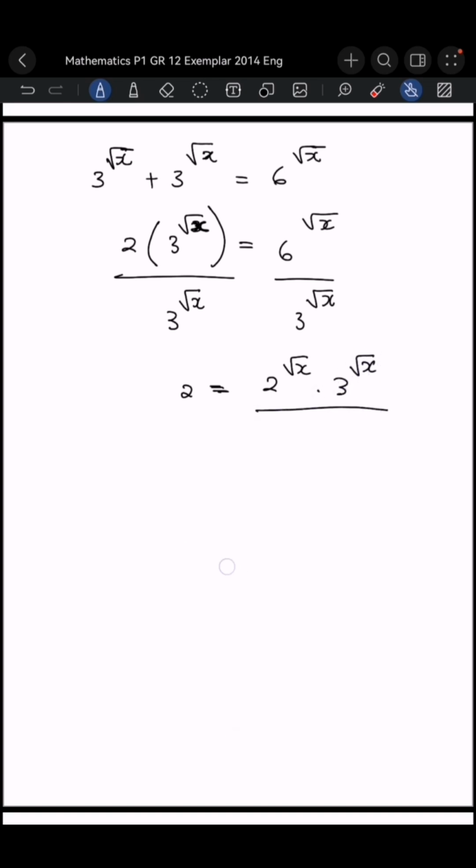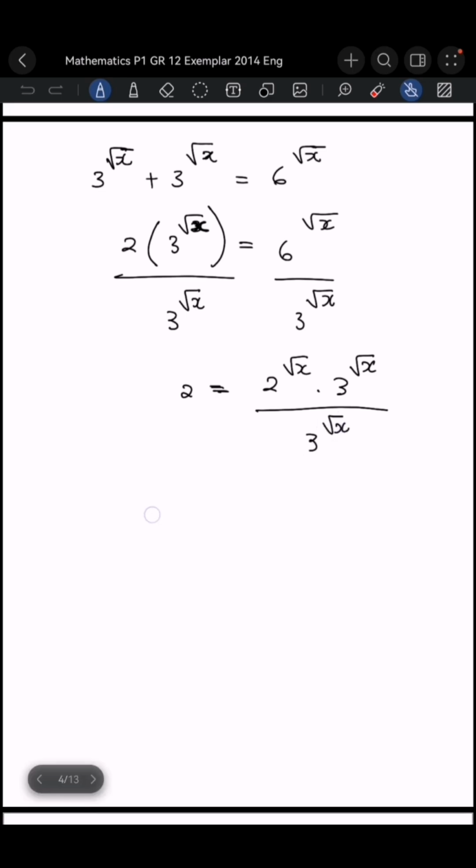If we then divide both sides by 3 to the square root of x, this side will be left with 2 is equal to 6, which can be broken down to 2 times 3, to the square root of x, all divided by 3 to the square root of x.